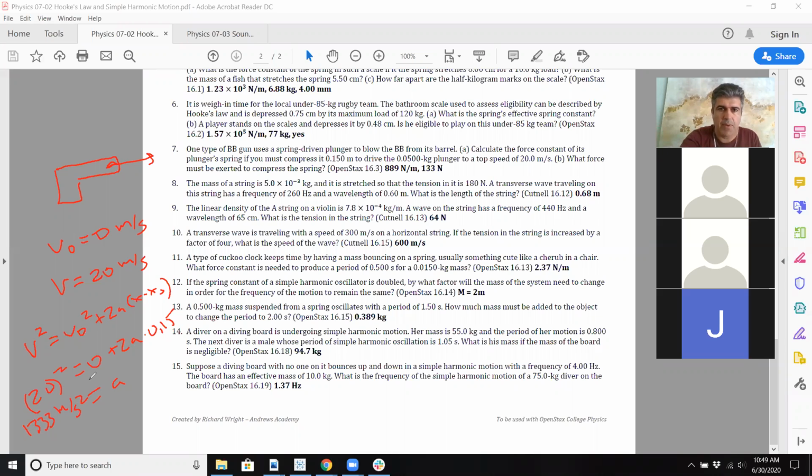And remember, if you're calculating the force constant, force equals negative kx. Force is going to be mass times acceleration. So you have the mass, and you try to figure out what k is. And again, the distance is 0.15, and our mass is 0.05. Again, our acceleration was 1333.33.